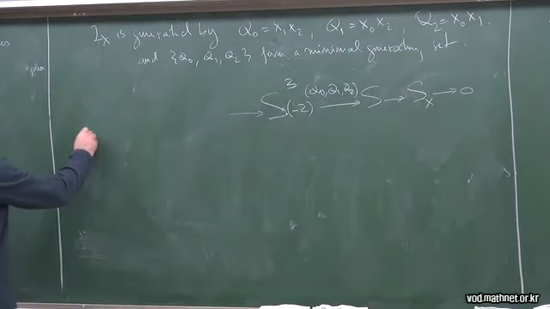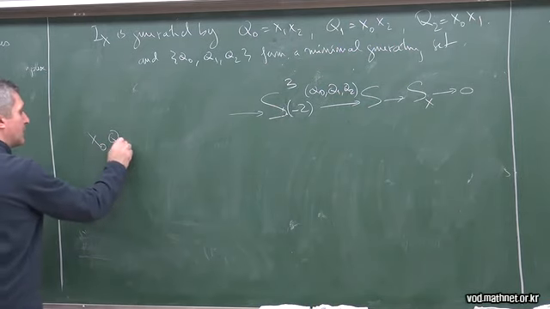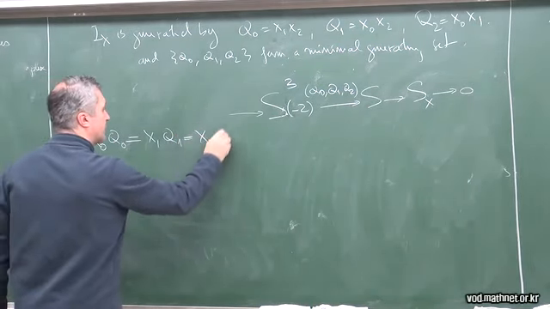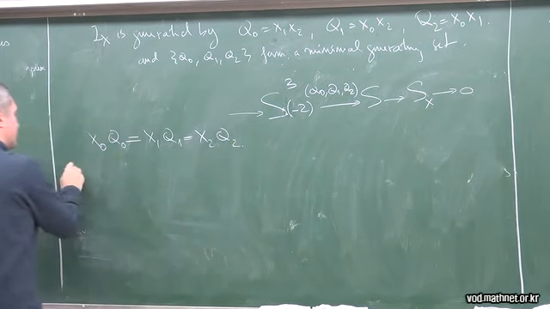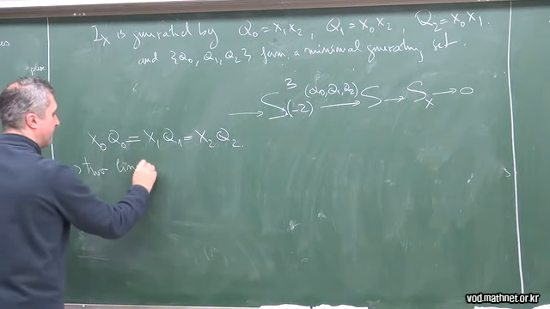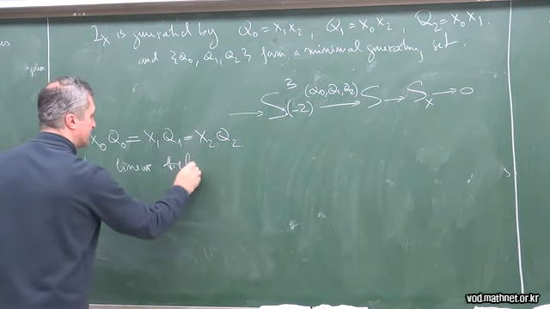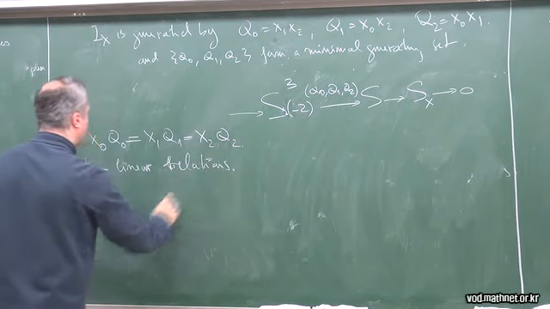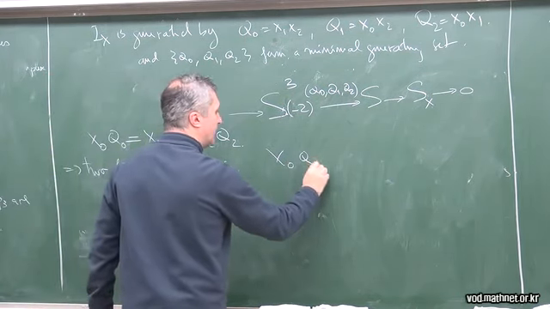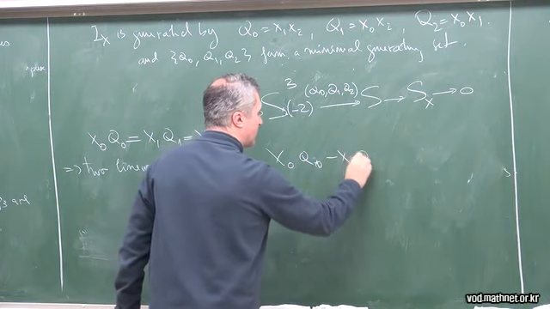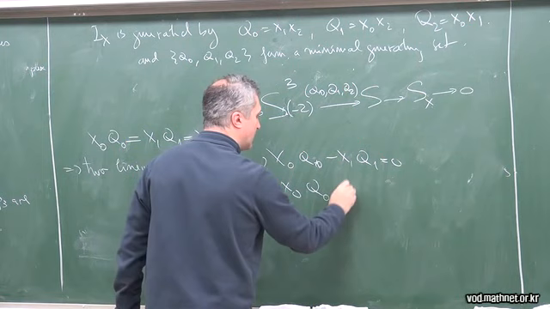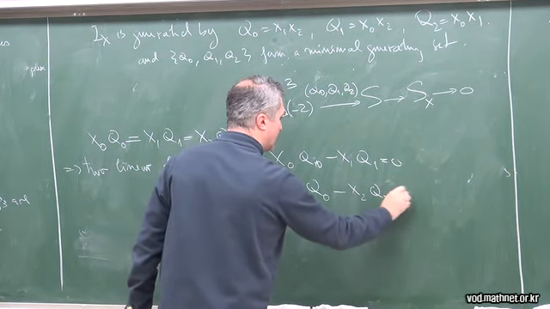So the relations are x0Q0 equals x1Q1 equals x2Q2, which gives two linear relations, which are x0Q0 minus x1Q1 equals 0, and the other one is x0Q0 minus x2Q2 equals 0.